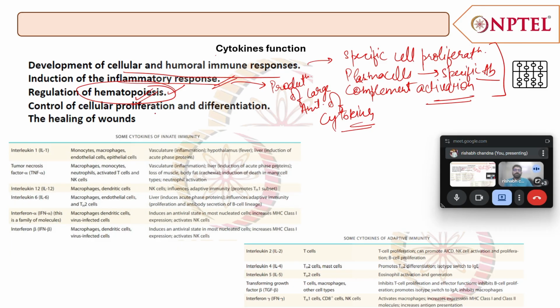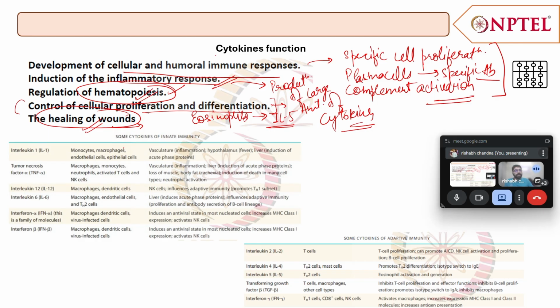Then control of cellular proliferation and differentiation of different types of immune cells. Just for example, eosinophil survival and differentiation is done by IL-5. Okay, so this is how the different cytokines can help the differentiation of different cells. Okay, then healing of wounds. So this also is done by different types of cytokines.